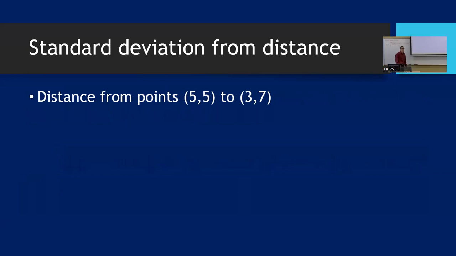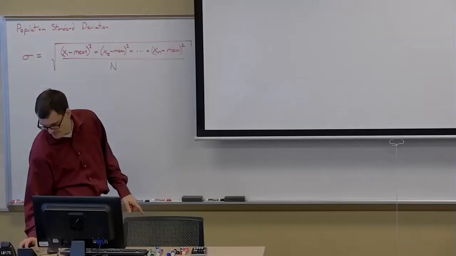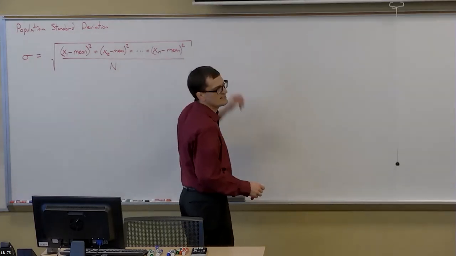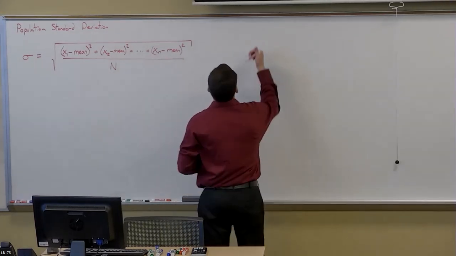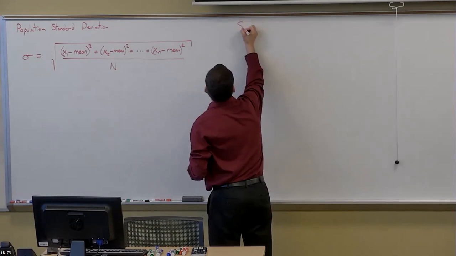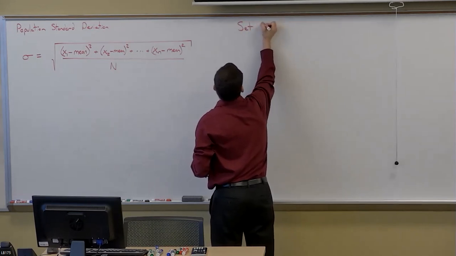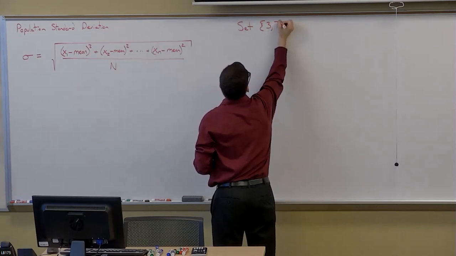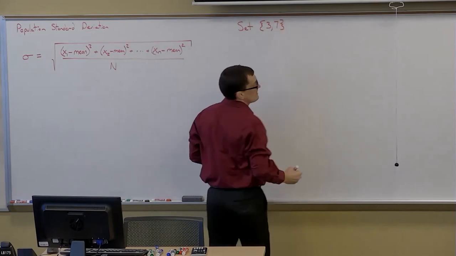Now, let me explain kind of how this works with an example. Let's say we have a set which is just two numbers, 3, 7.